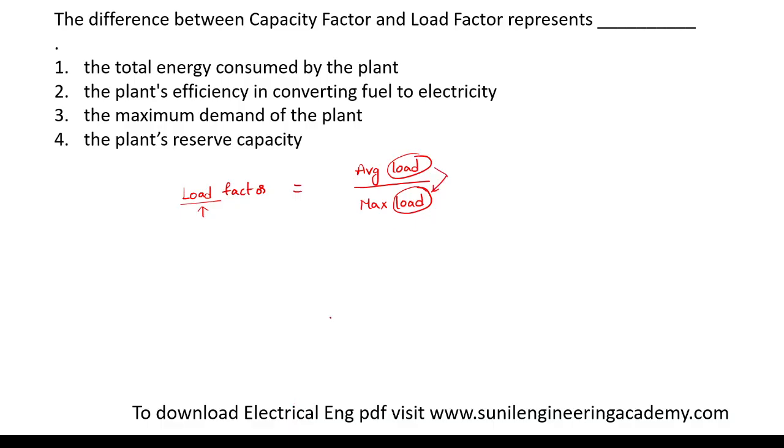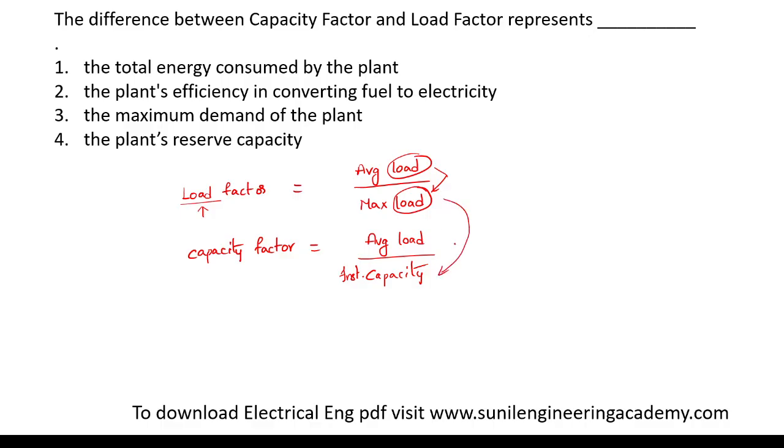Load factor is average load by maximum load. In the same way, capacity factor: as the name says, capacity, so in the formula it is average load by, instead of maximum load, installed capacity. So load factor is average load by maximum load, and capacity factor is average load by installed capacity.